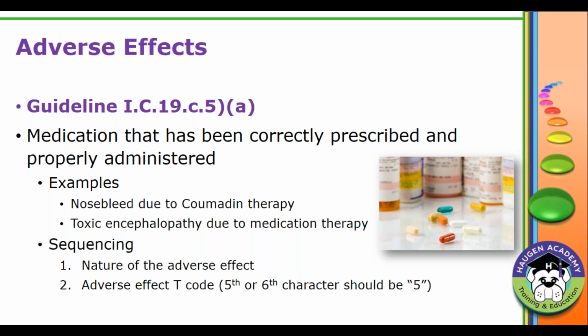The way that adverse effects are sequenced is the nature of the adverse effect or the manifestation is listed first, followed by your adverse effect T code. So your 5th or 6th character on an adverse effect should be 5.